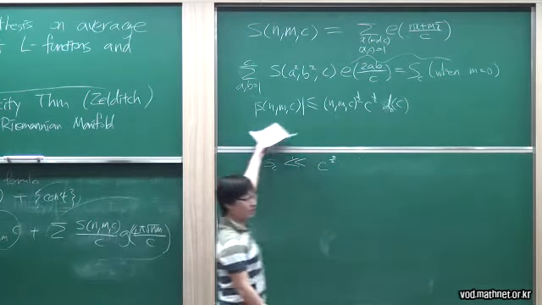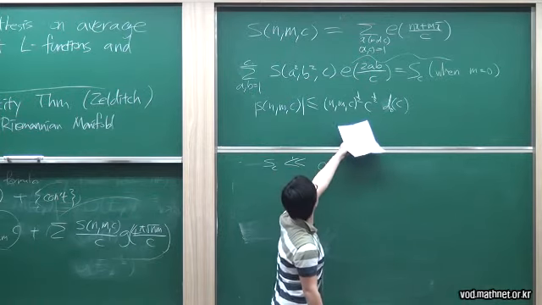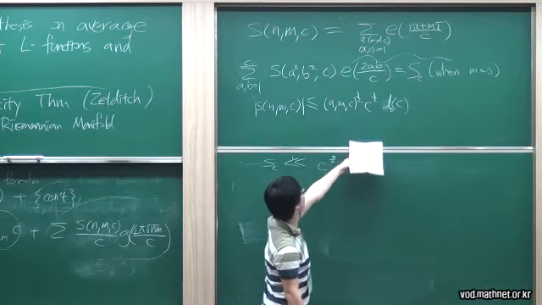Which is far better than applying the Weil bound to this sum, which will give you C to the 5/2.